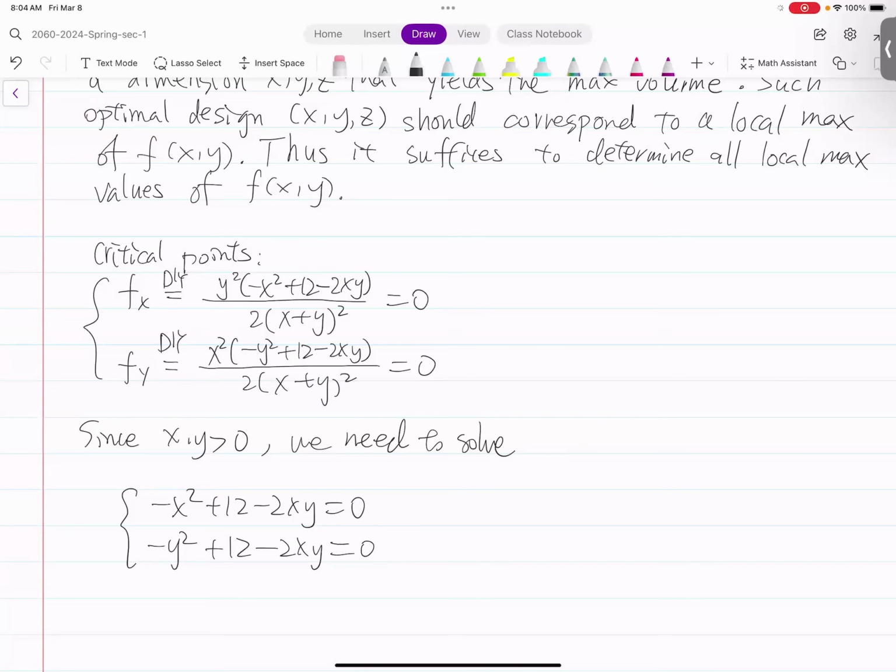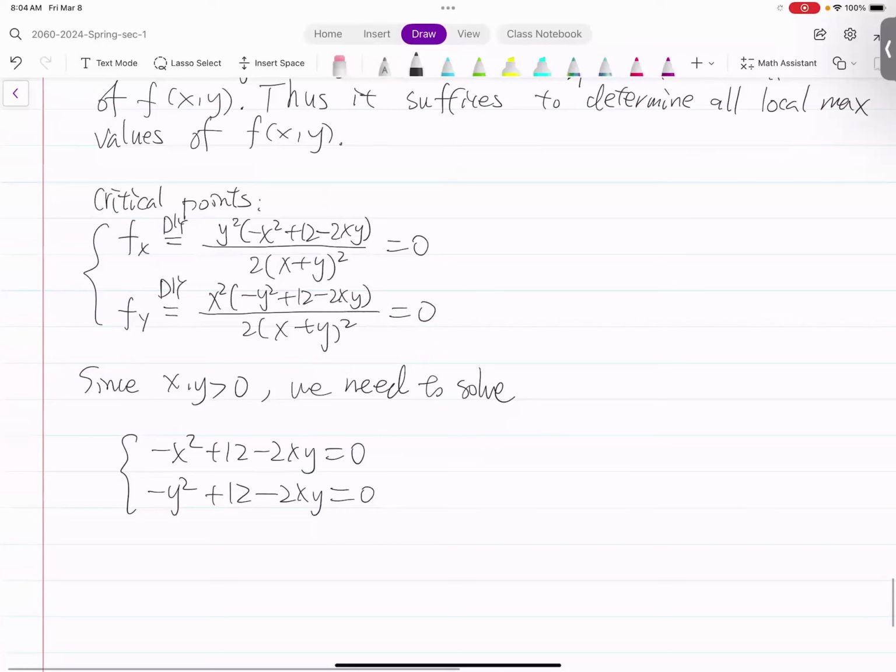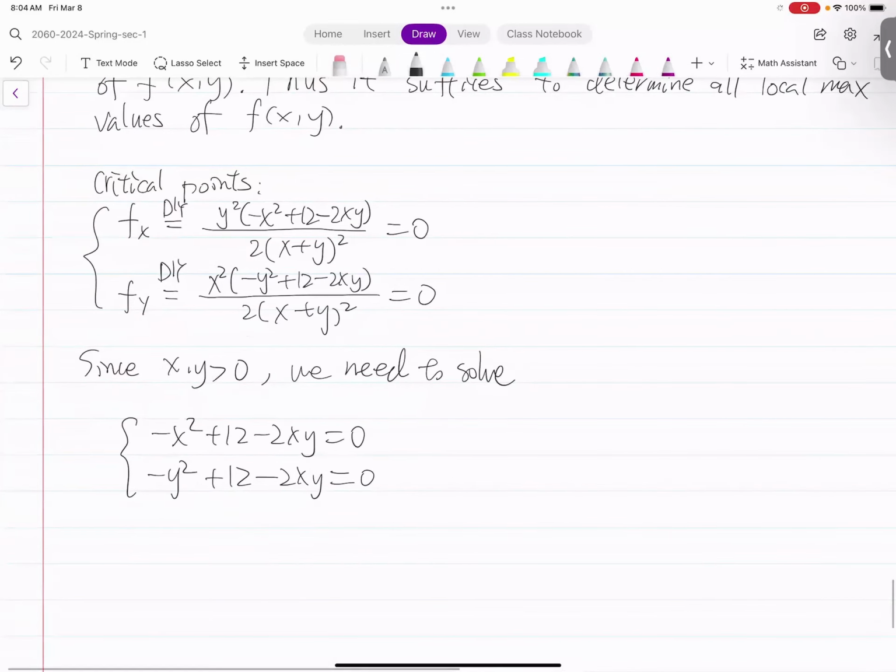All right, and now here we just want to solve this system of two equations and look for the xy pair. Okay. And also we observe that there's a common expression that's the same in both equations. So here we can observe that if we add x squared to both sides in the first equation, this is going to be x squared equals 12 minus 2xy. And if you do the similar thing to the equation below, it's going to be 12 minus 2xy equals y squared, right?